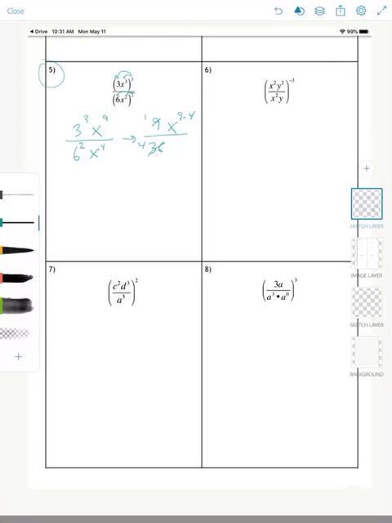It turns out that 9 goes into 36 4 times, so we get a 1 here and a 4 here. So we get on the top x to the 5th over 4.